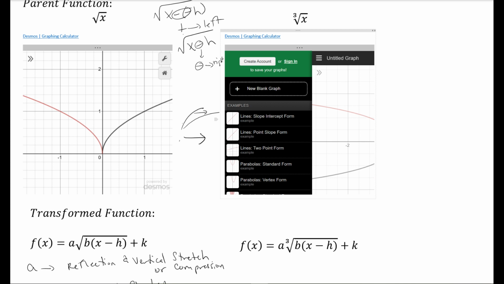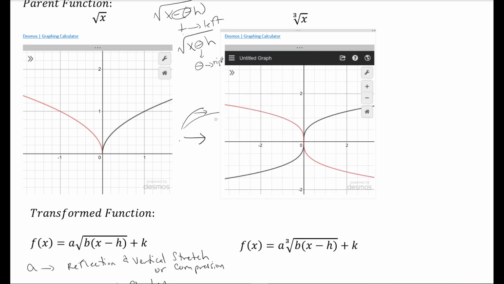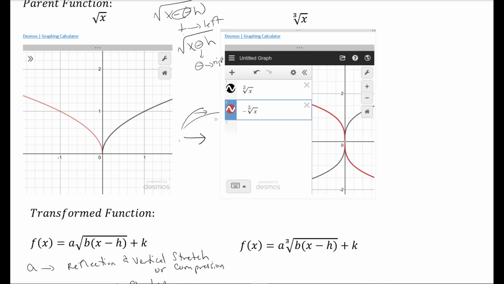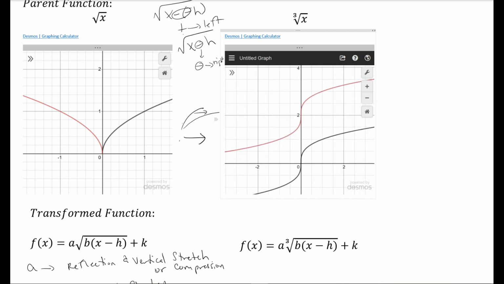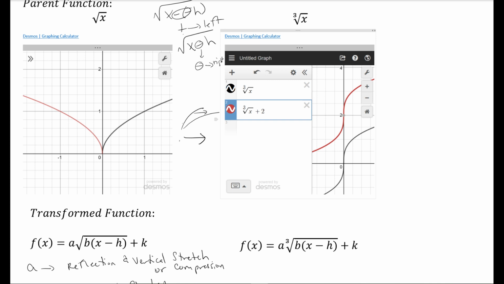If I want to vertically shift it, then I'm going to add 2 to it, and that's going to shift it up like that. If I want to shift it to the left, then this is going to be a plus. Let's say I want to shift it left 2, then that has to be a plus on the inside.